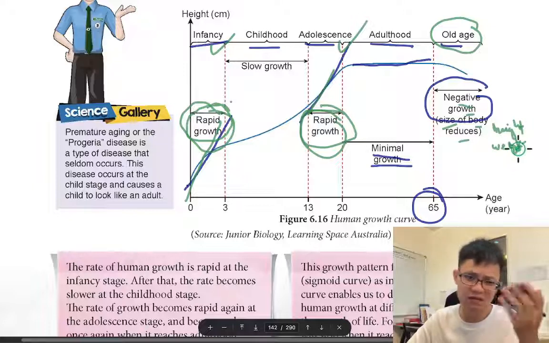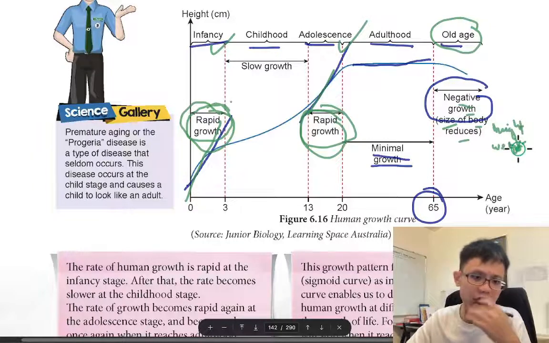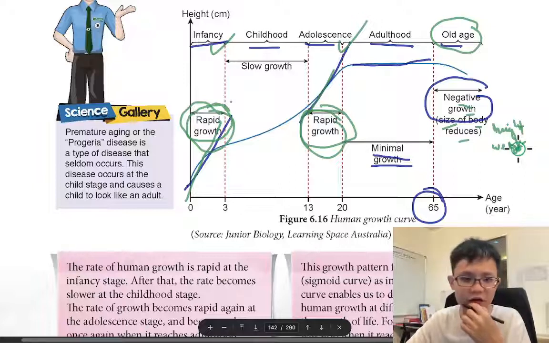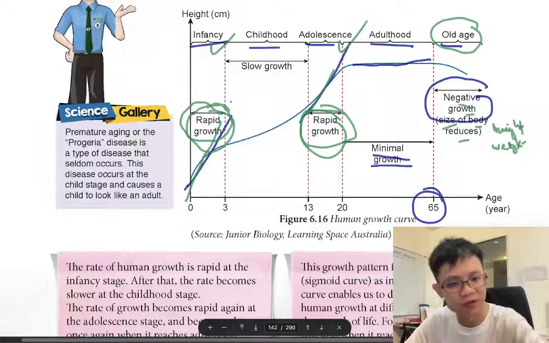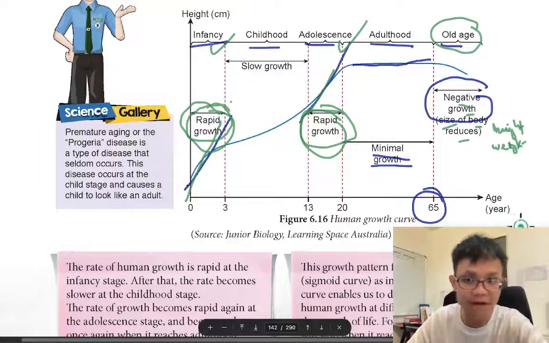So it will reduce lah, become smaller lah as we get old. Then eventually the person will die lah, at a certain age. And this is a normal life event, so we need to learn how to deal with it.